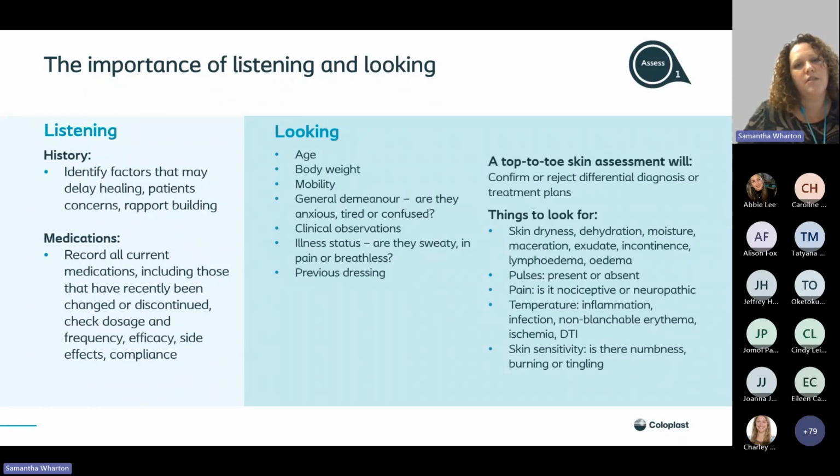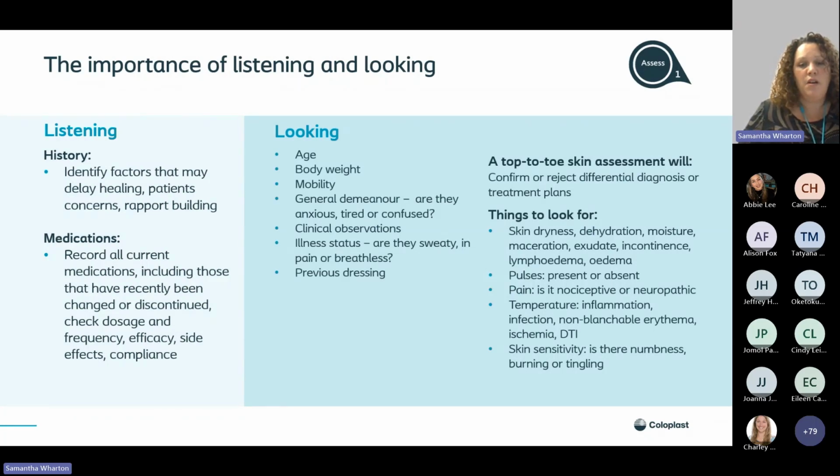Then you do your top to toe skin assessment. And the things you're sort of looking for is that dry skin, wet skin, macerated. Are the patients incontinent? Do they have edema? If there's anything on the lower legs, a pulse is present or absent. Talking to your patient, what's their pain like? Is there any inflammation?